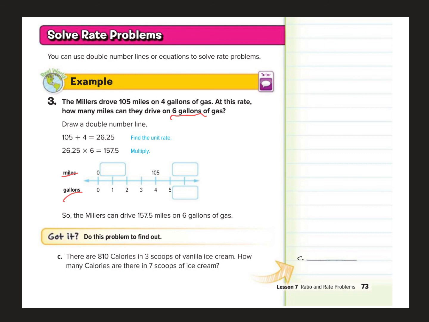Find the unit rate. So if I have 105, it's terrible handwriting because I'm trying to write on an iPad. Let me try that again. If I choose 105 miles per 4 gallons, we want to divide by 4, and I would get 26 and 25 hundredths per 1 gallon.